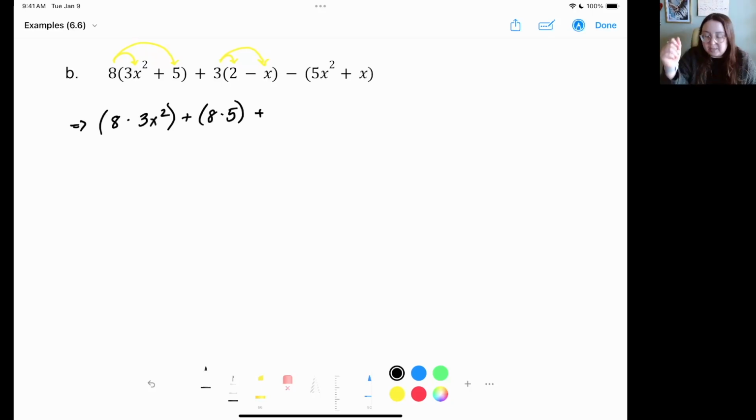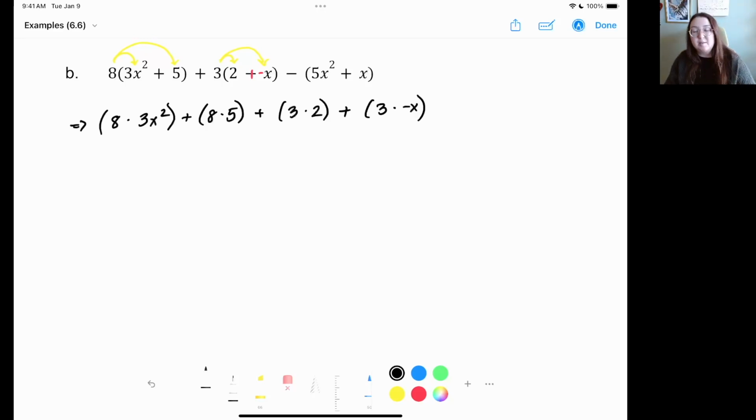So we'll have 3 times 2. And then that inner part there, that was 2 minus x. Minus is the same as plus negative. So we can really just change this into 3 times negative x. And we're adding our groups.